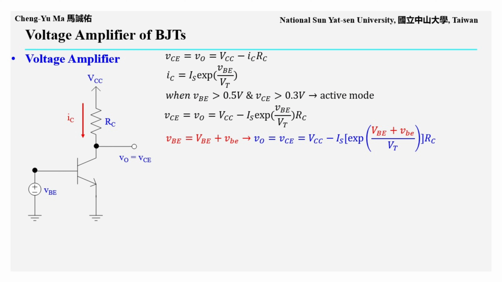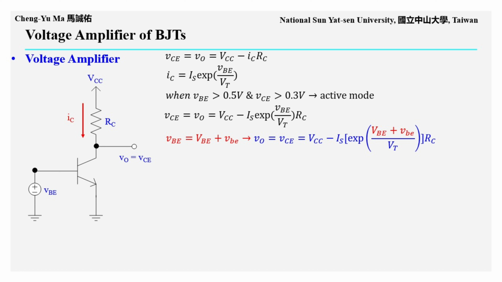The total input signal VBE is the sum of the DC bias voltage, capital VBE, and the AC small signal voltage, lowercase vbe. Substituting this into the output equation gives the total output voltage, VO equals VCE equals VCC minus IS, times the exponential of the quantity capital VBE plus lowercase vbe divided by VT, all multiplied by RC.